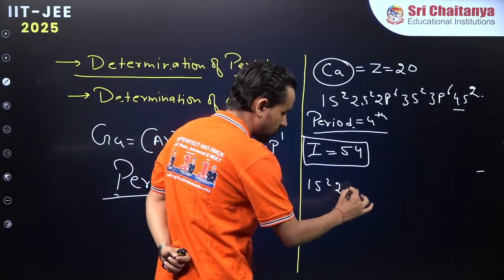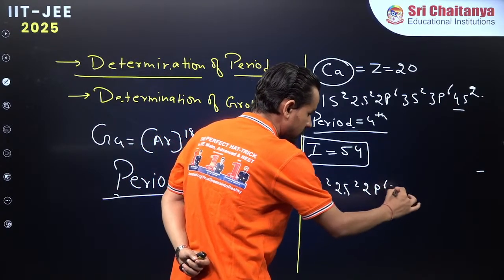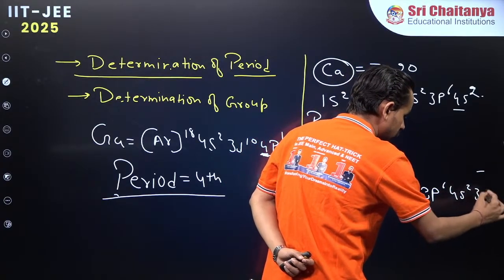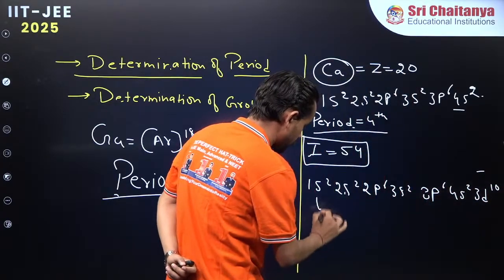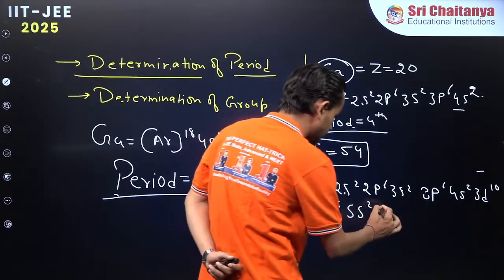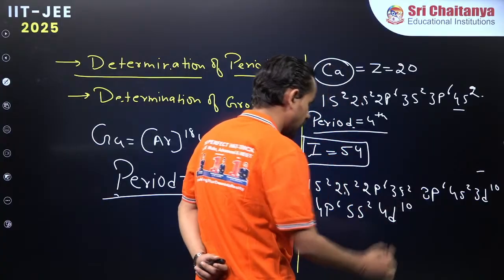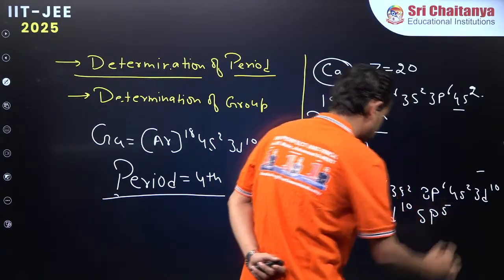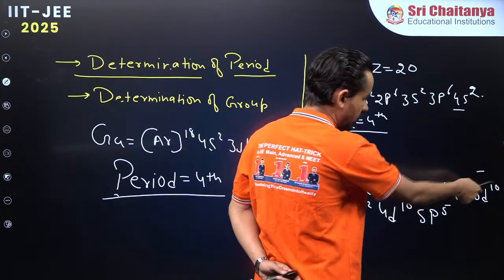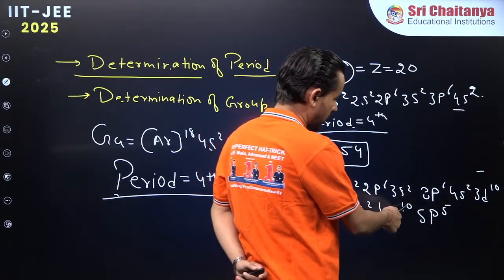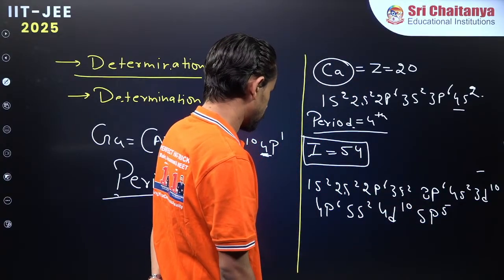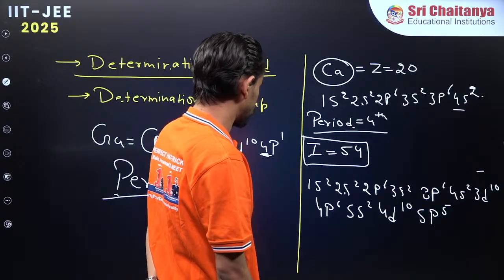1s2, 2s2, 2p6, 3s2, then 3p6, then 4s2, 3d10, then 4p6, then 5s2, then 4d10, and then 5p5. Adding up: 2, 4, 6, 10, 12, 18, 20, 30, 36, 38, 48 and 53 it is. How is it coming 53?